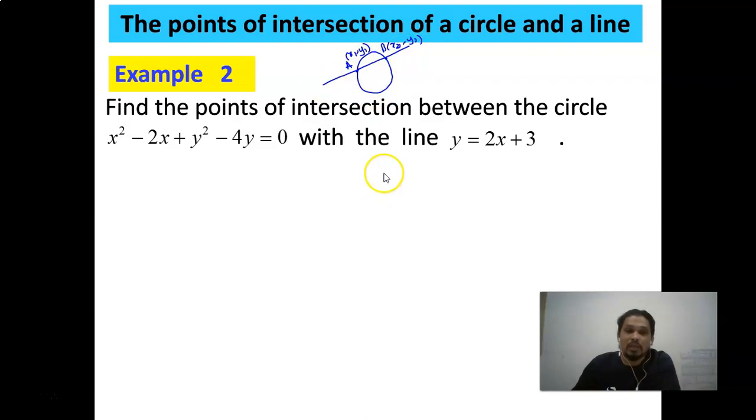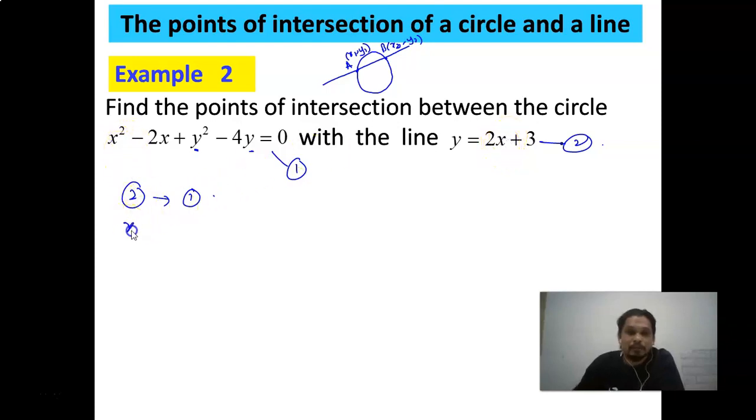So what we can do now is, from y equals 2x plus 3, this is equation 1 and this is equation 2. If I substitute equation 1 into equation 2, every single y that you see here, we replace with 2x plus 3.